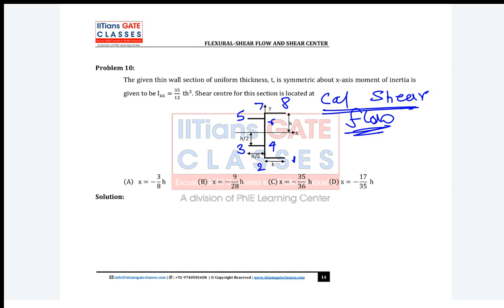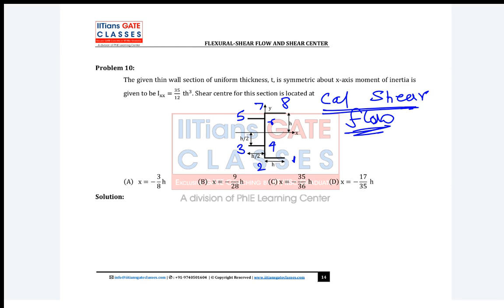Very good. Why? We will now take moment equivalence about which point? In this case, what will be the easiest point to take moment equivalence? Manan? Point 7?